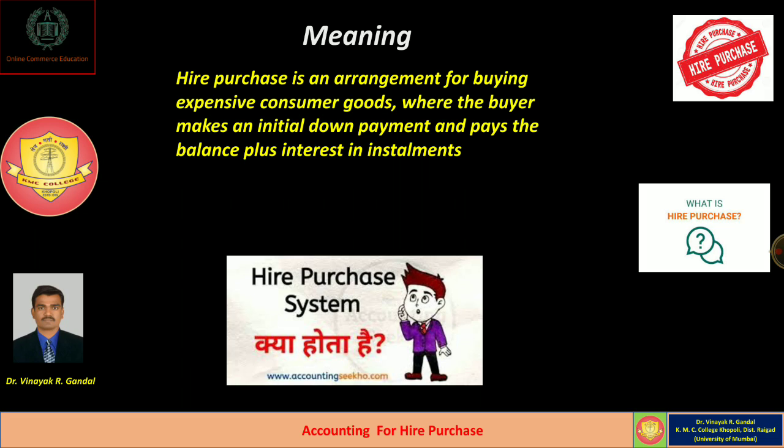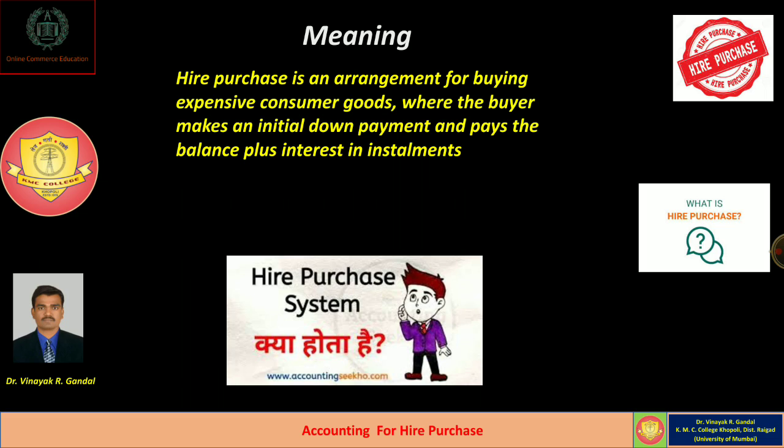However, costly items like vehicles, machinery, land and buildings and other assets may be sold on a hire purchase basis. In the case of hire purchase, the buyer pays for an article in periodical installments but becomes the owner of the article only after the final installment is paid.